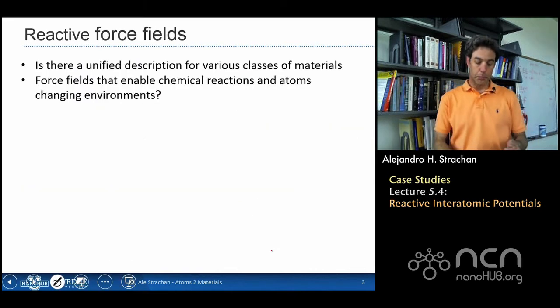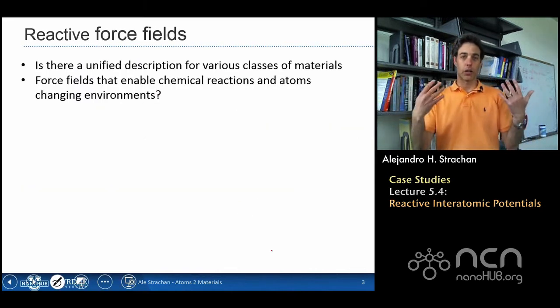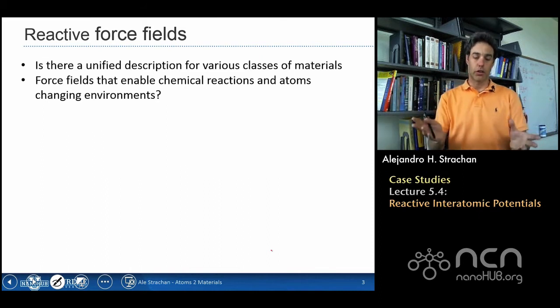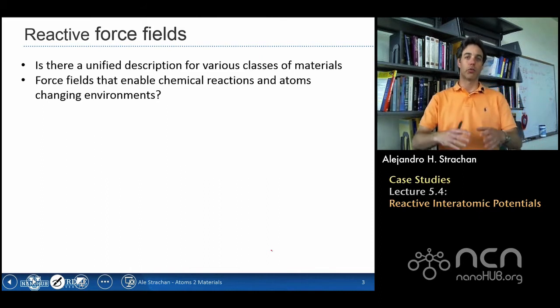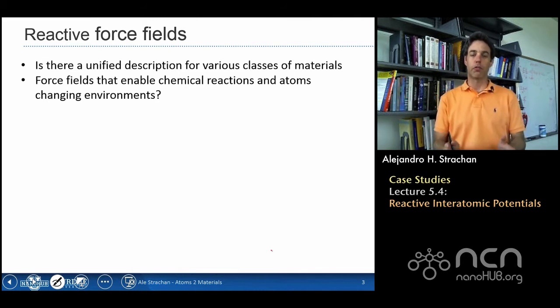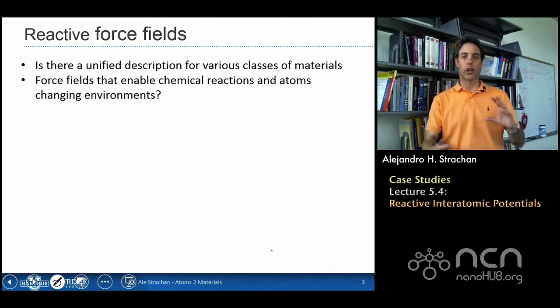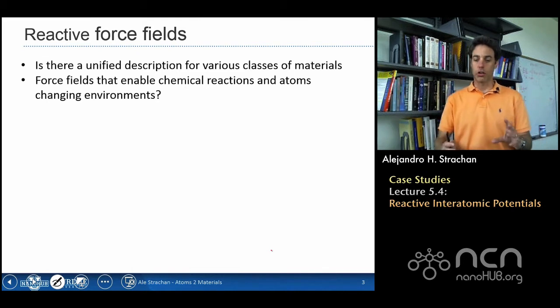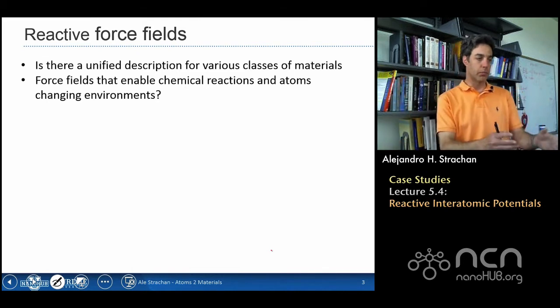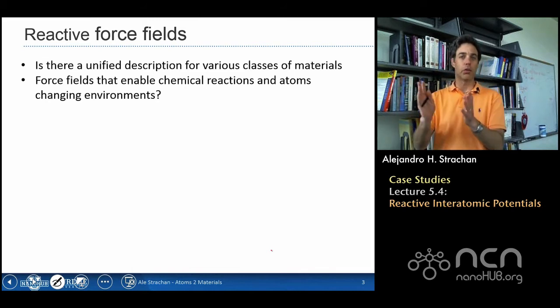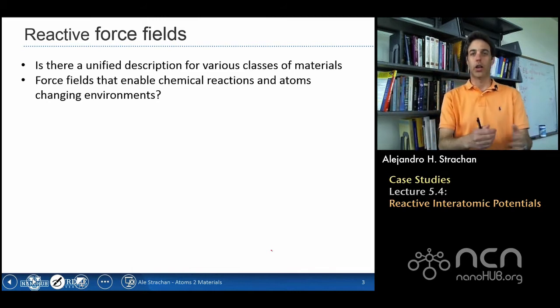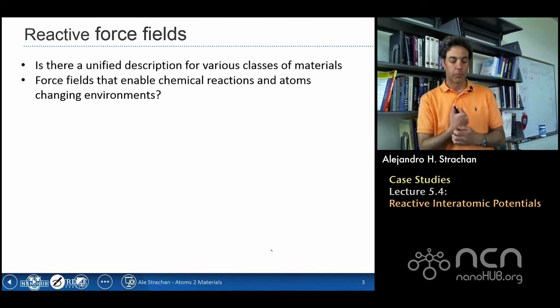So can we think of a description that allows us to do all of these types of materials within the same framework, so that I can do simulations that combine a ceramic with a metal, or a molecular material, the interface between a soft material and a ceramic or a metal?